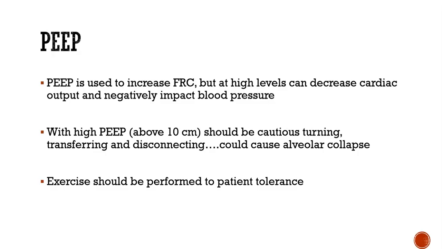Okay, and then PEEP. I know I've said PEEP a whole bunch of times. PEEP is used to increase that functional residual capacity. But at high levels, this can decrease cardiac output and negatively impact our blood pressure.